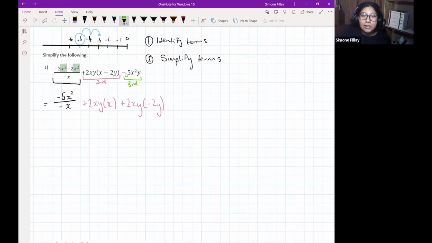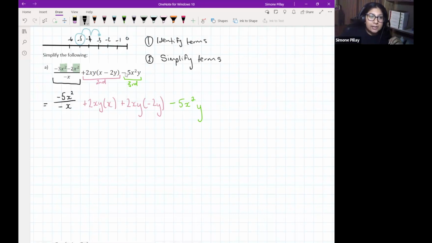And so because I can't simplify that further, I'm just going to bring my negative 5x squared y down so that it can flow. Remember, my steps have to flow. And so that's my first step done. I've taken my first step to simplify each term.